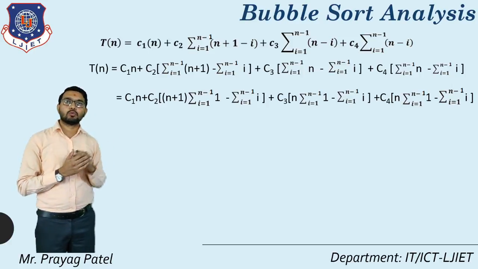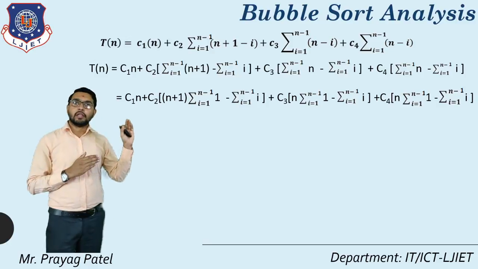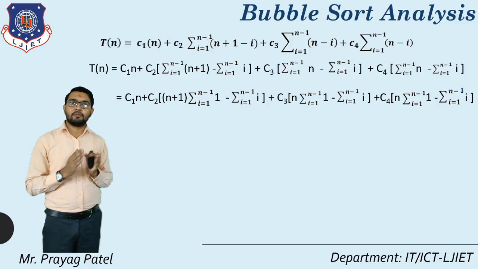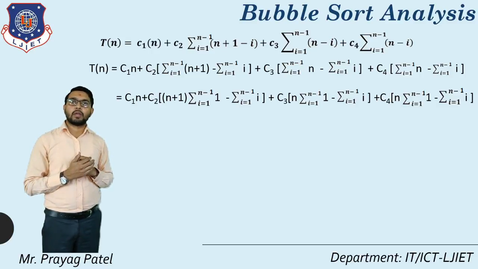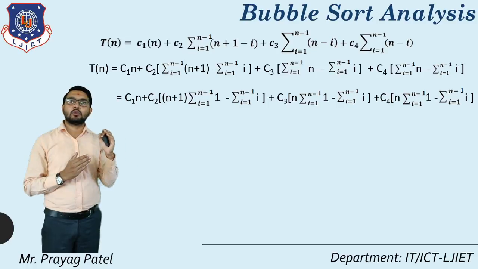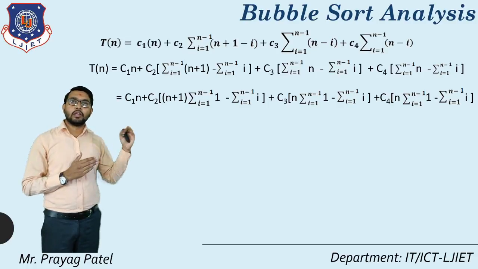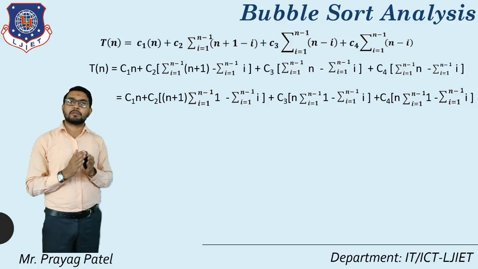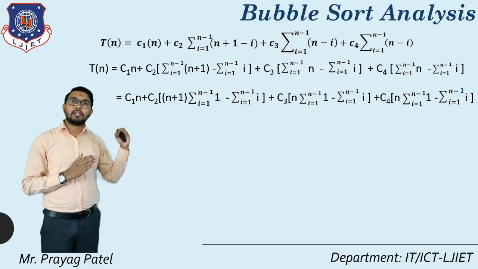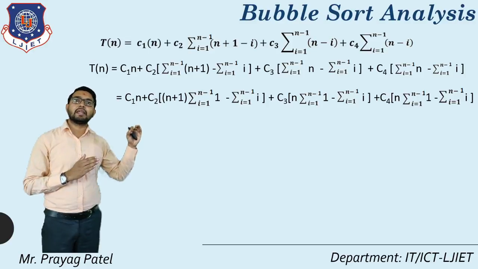So T of n equal to C1 n plus C2. Here consider n plus 1 as one part and i as the second part, so we can divide this equation into two parts: sigma i equal to 1 to n minus 1 of n plus 1 minus sigma i equal to 1 to n minus 1 of i. According to this, we can consider the C3 part with n as the first part and i as the second part. In C4 also, n is the first part and i is the second part.